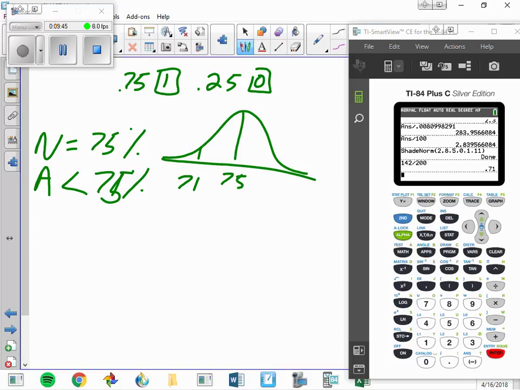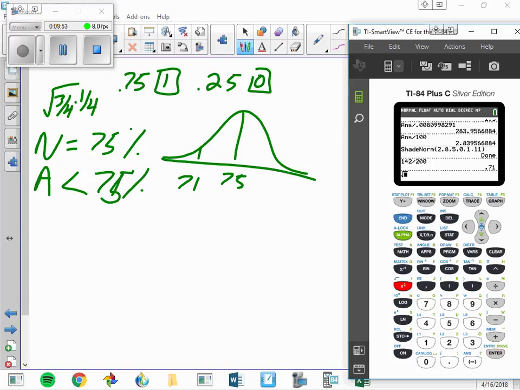I need an SD, the square root of 3/4 times 1/4. Okay. Do I need an SD plus? I have over 100 draws. That's plenty to make a normal curve. 0.433.